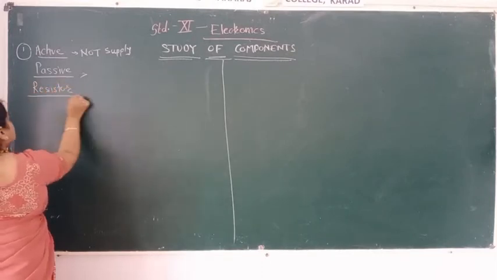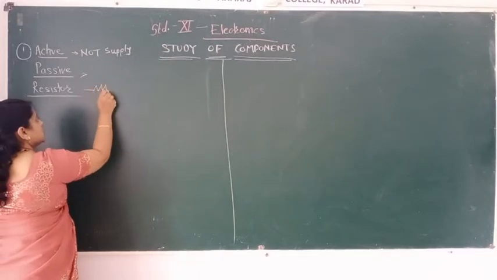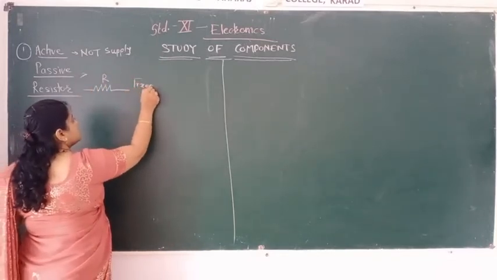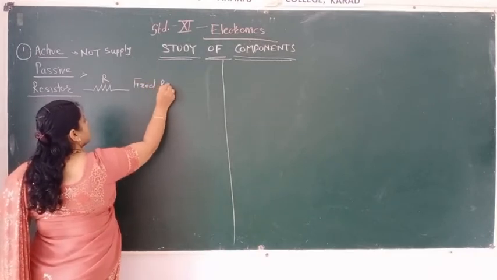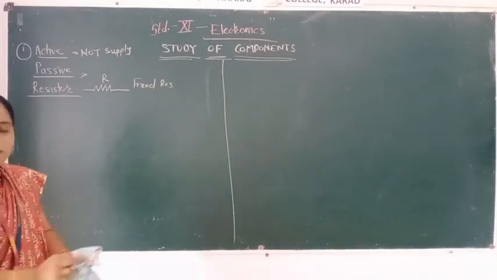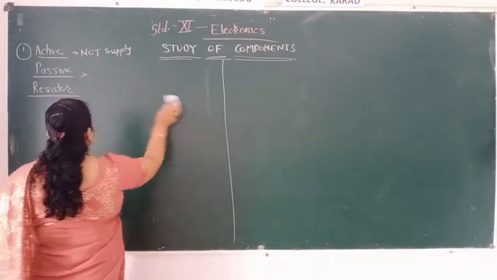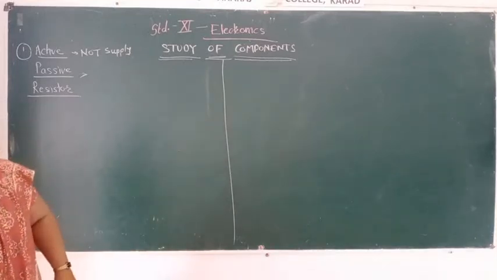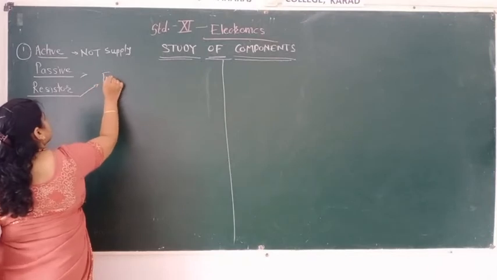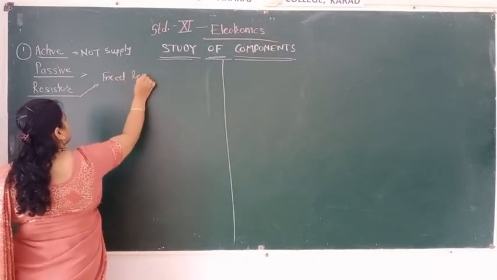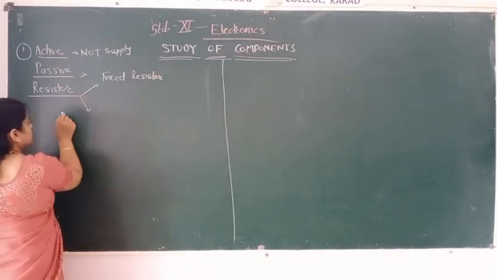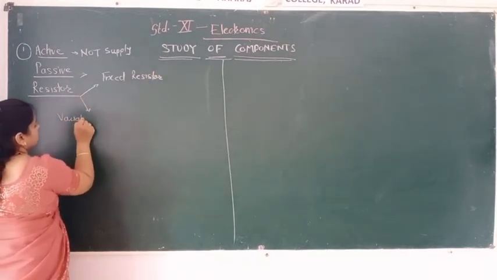What is a resistor? The symbol of a resistor is like this. Resistors are of two types: fixed resistor and variable resistor.